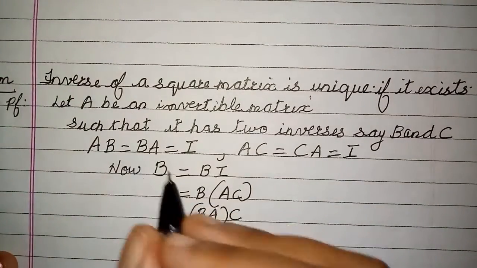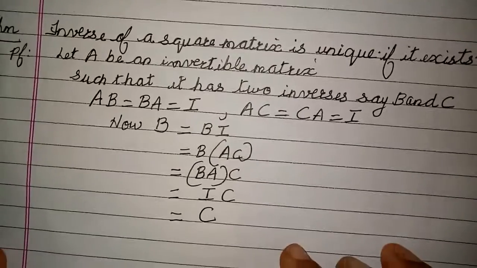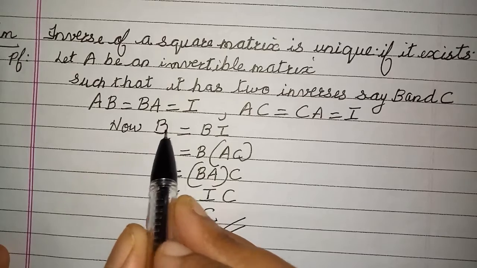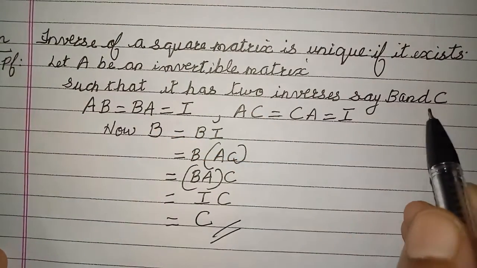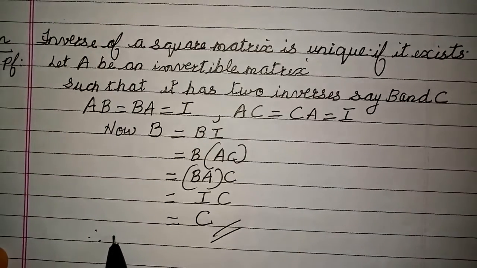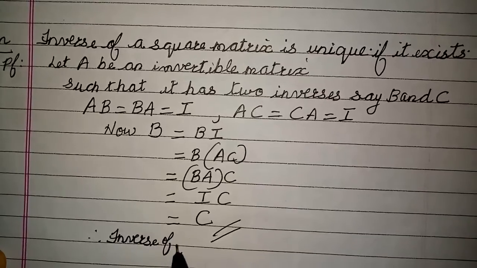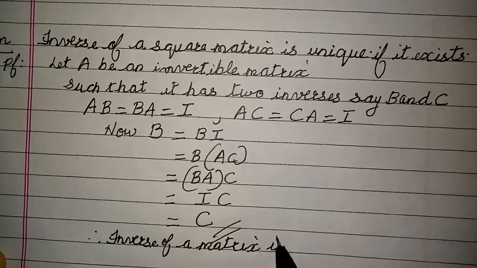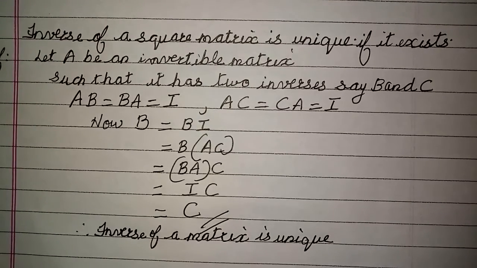But B into A is I, so I into C, and I into C is nothing but C. So what have I proved here, children? B, which was my inverse of matrix A, is the same as C. Therefore, the inverse of a matrix is unique.